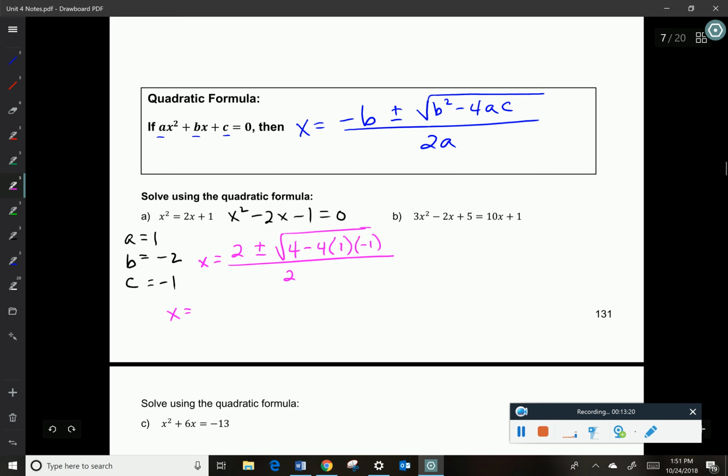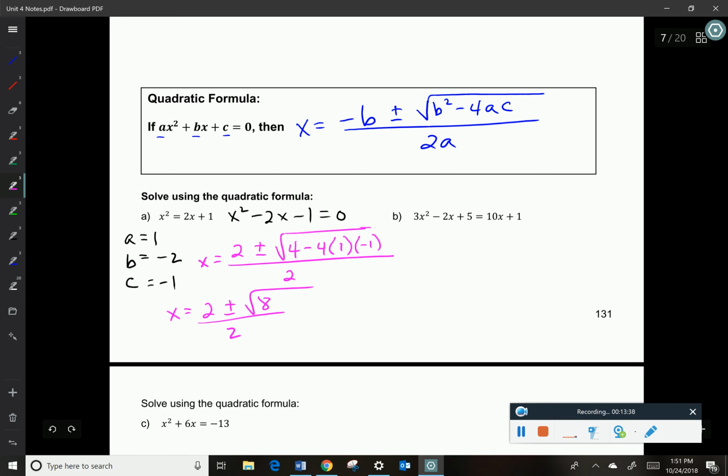So now it's just a matter of simplifying. I'm going to say 2 plus or minus. Under my square root, because of this minus and this other minus, that's going to turn into a plus, right? So basically I have 4 plus 4, so the square root of 8, all over 2.